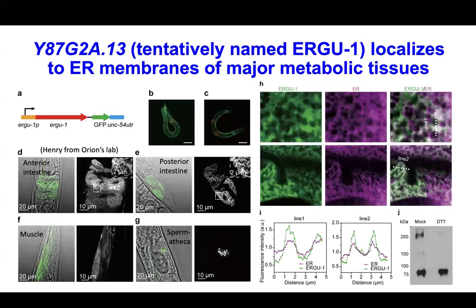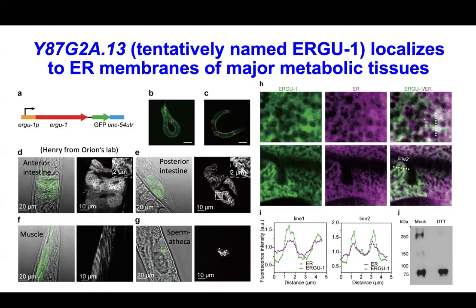And so with zoom in, we want to confirm basically the localization of the protein and whether it's indeed on the ER membrane. So we crossed this reporter strain with a well-established ER membrane marker, and we found that they colocalize really well, suggesting this protein can indeed localize to ER membrane.